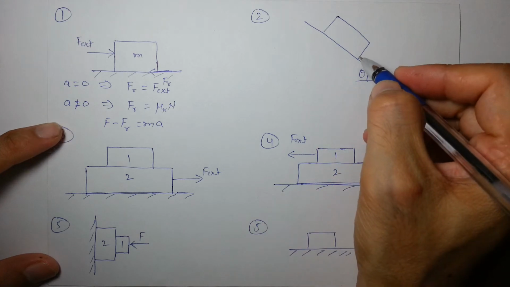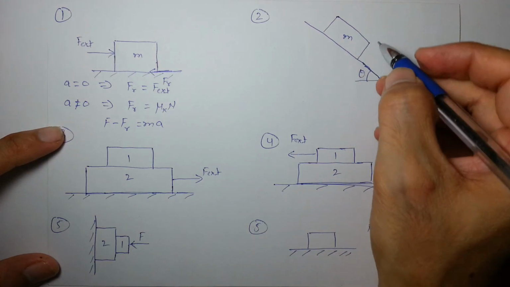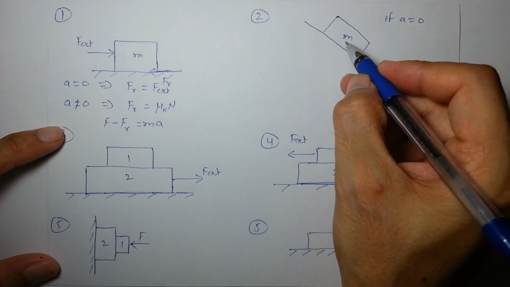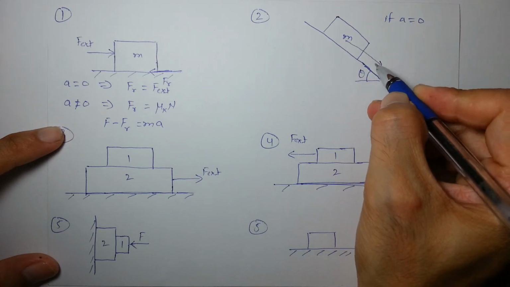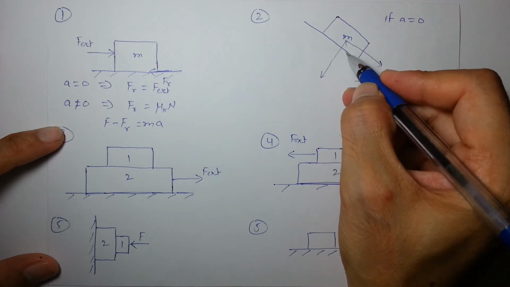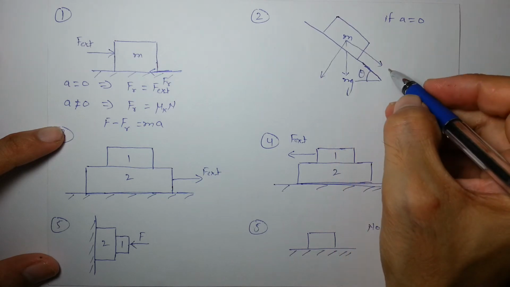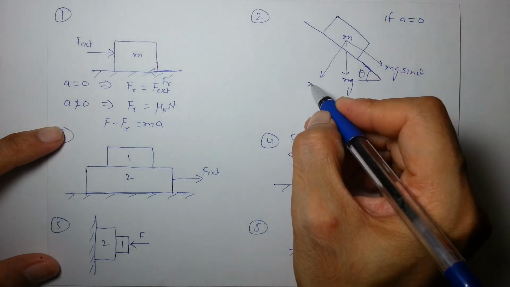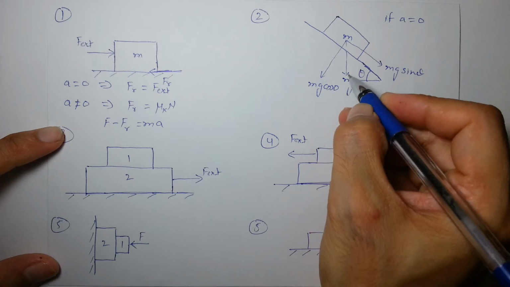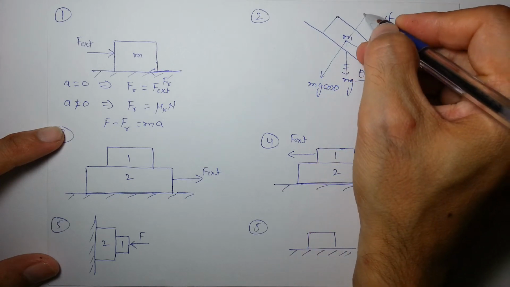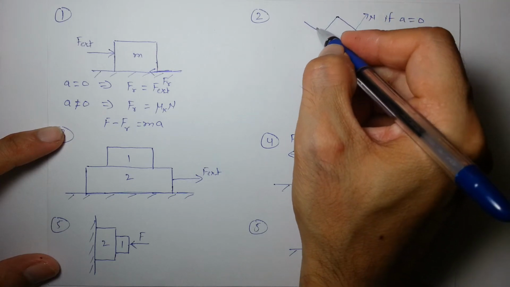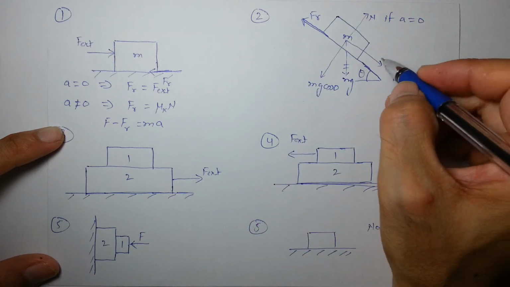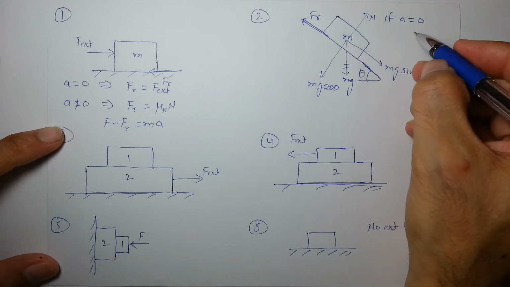In the next example, there is a block resting on an incline. If acceleration of the block is 0, resolve the components of mg. This is mg sin theta and this is mg cos theta. So mg has been resolved. This is the normal reaction and this is friction. If acceleration is 0, friction balances this force.